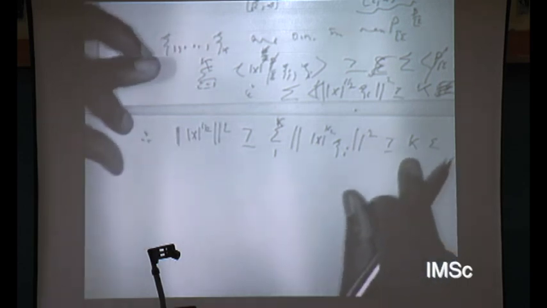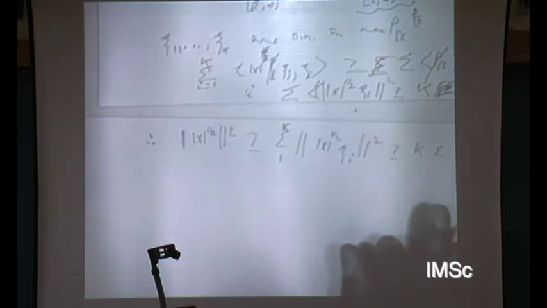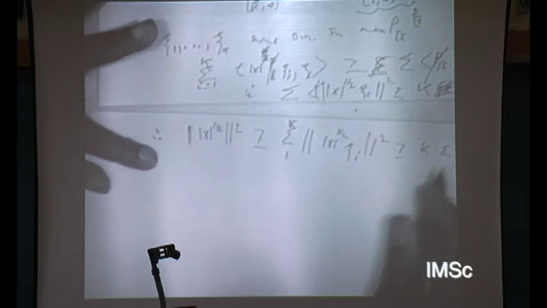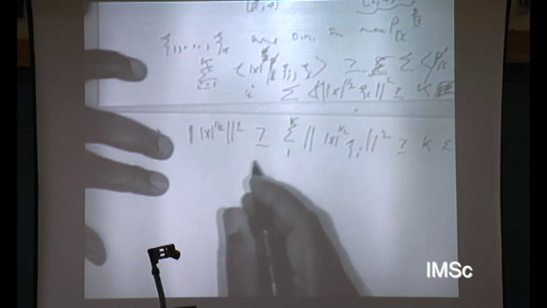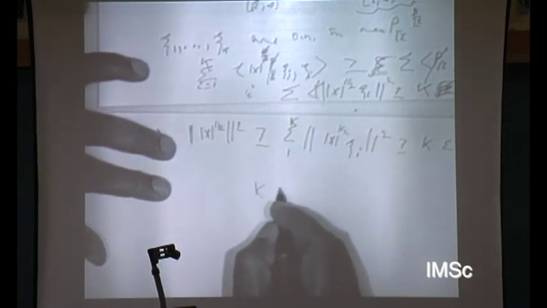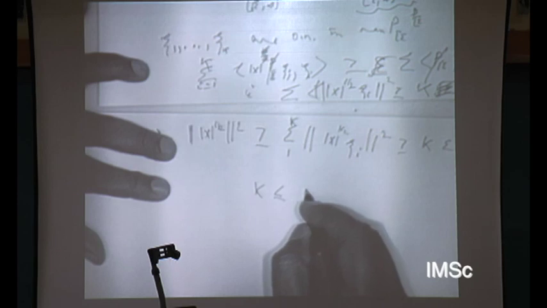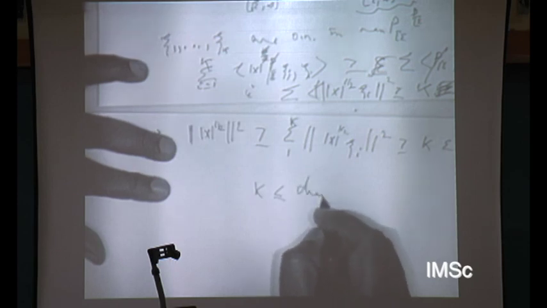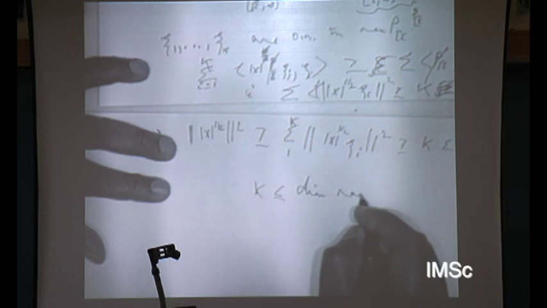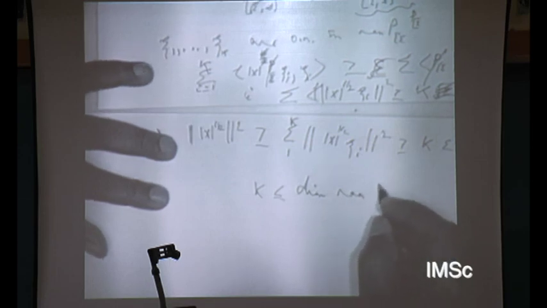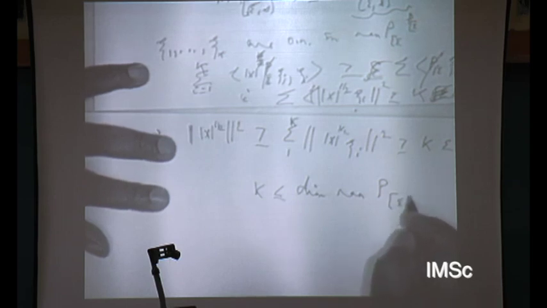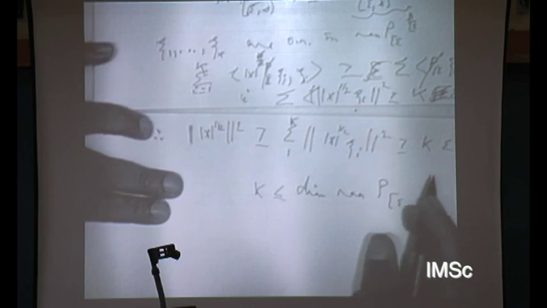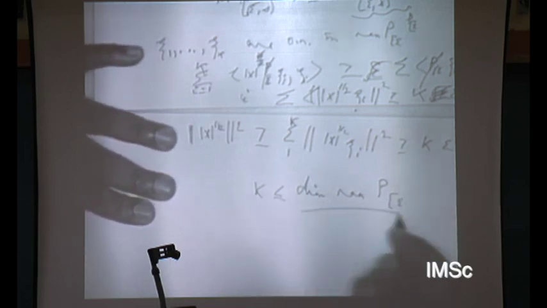Which is greater than or equal to k epsilon. So if you fix epsilon, the whole point behind the messy inequality is the following. If you fix epsilon positive, then k epsilon must be smaller than this, so k must be less than or equal to the dimension of the range of p epsilon, divided by epsilon.